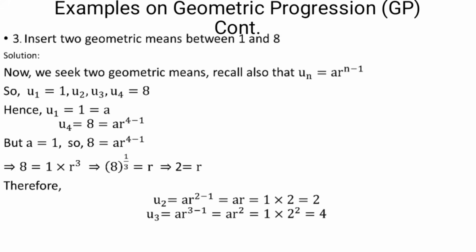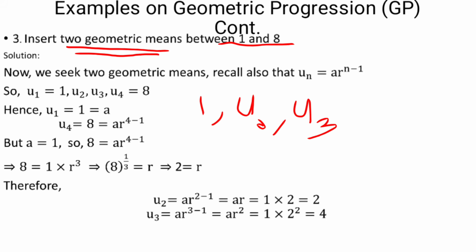So example 3 will be my focus, as done in the video for AP. Now we have to insert two geometric means between 1 and 8. So it means we have 1, and we want to insert two geometric means, so we have u2 and u3, just two of them, between 1 and 8. So this will be 8.